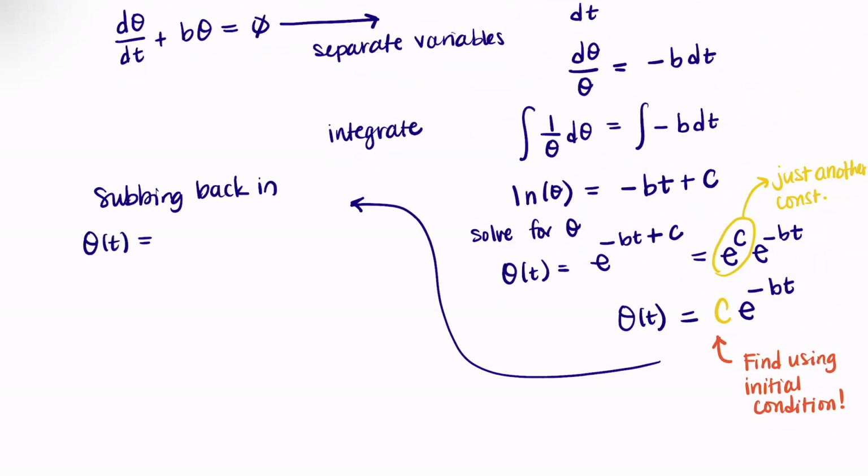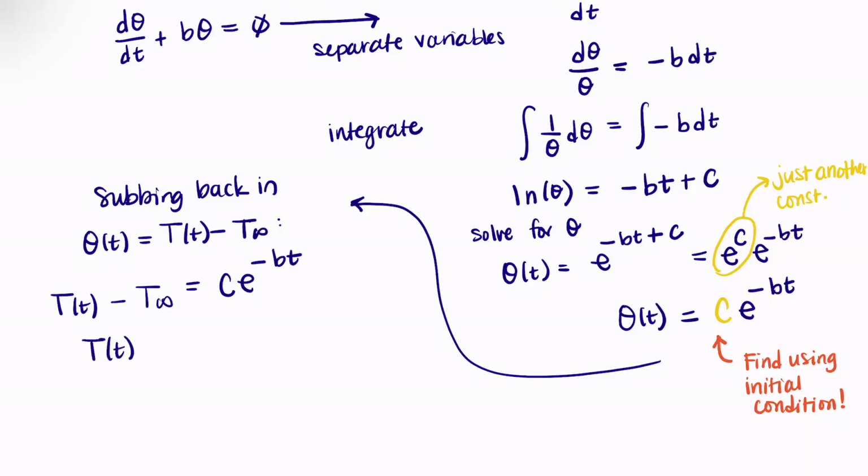Subbing back in our definition that theta is equal to T of t minus T infinity, we get that T of t minus T infinity is equal to C e to the minus Bt. Or we can write this as T of t is equal to C e to the minus Bt plus T infinity.